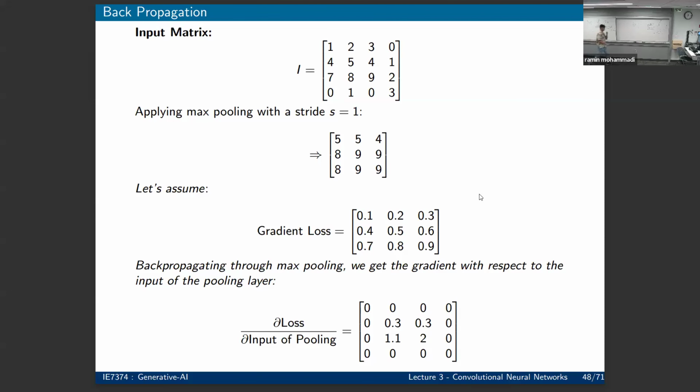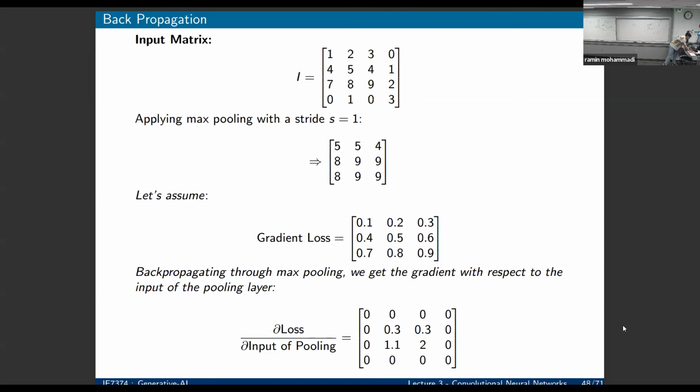But when we go to 8 and 9, if you think about it, 8 participated twice. So this and this, 0.7 plus 0.4. And 9 should be the summation of these 4 values. It's still max pooling, but you have overlapping pixels.